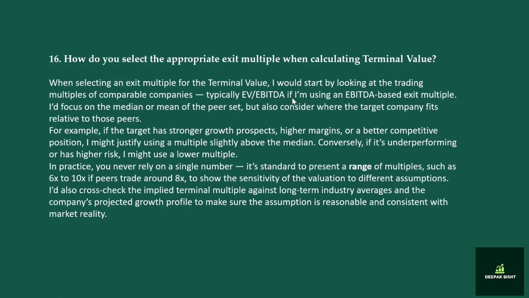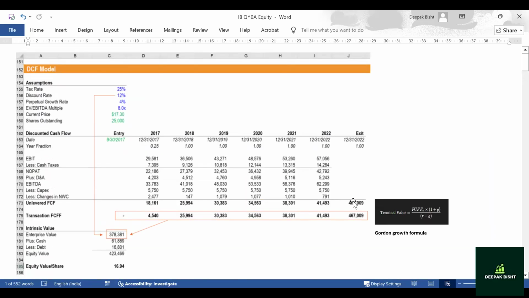Let me show you my screen one more time. Basically, the majority of the weight of the whole DCF lies in the terminal value, and it's very important to forecast terminal value properly. One common method to calculate terminal value is the exit multiple.